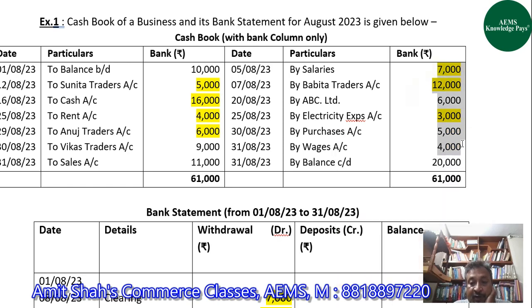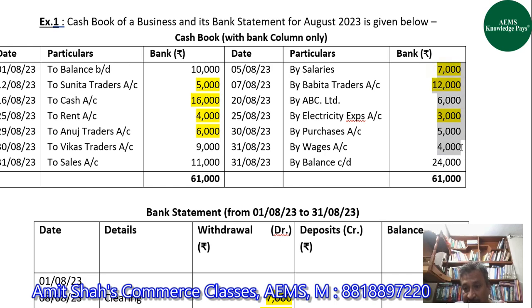See, the total of this side is how much actually? 37,000, right? And because of that, the actual balance here would be 61 minus 37,000, that is 24,000. But if I take the total of this side mistakenly as 41,000 instead of 37,000, it means I overcast the total of the payment side by rupees 4,000.